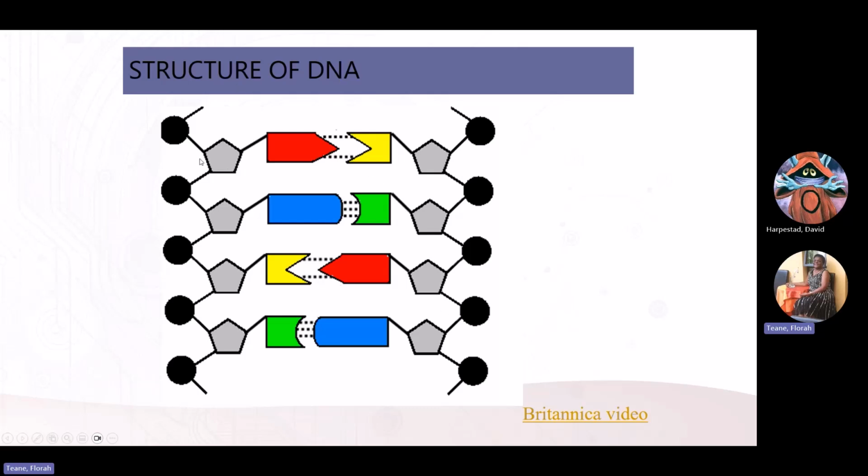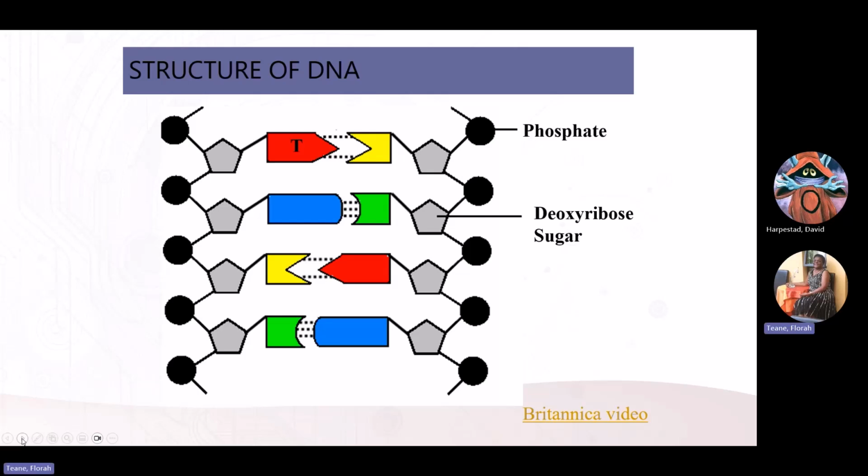When you look at this diagram, you will see that there's a repetition of a nitrogenous base, a sugar, and a phosphate. Quite a number of nucleotides form a DNA molecule. So this is a phosphate, as I've already said, and this is a deoxyribose sugar.